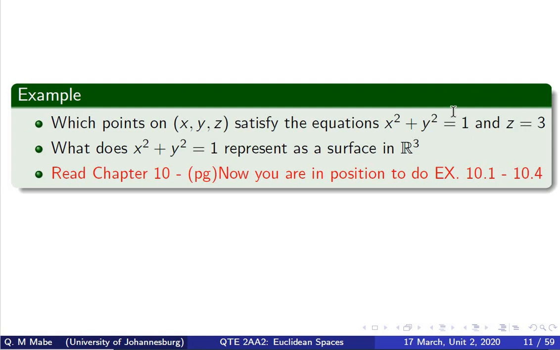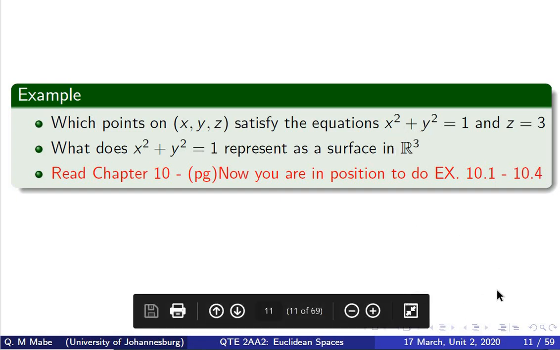So that's how this surface looks in R3. And then when we have x squared plus y squared is equal to 1, this corresponds to a circle in R2, right? But if we're in R3, we have no restrictions on the z-axis, so this will be a cylinder in R3.